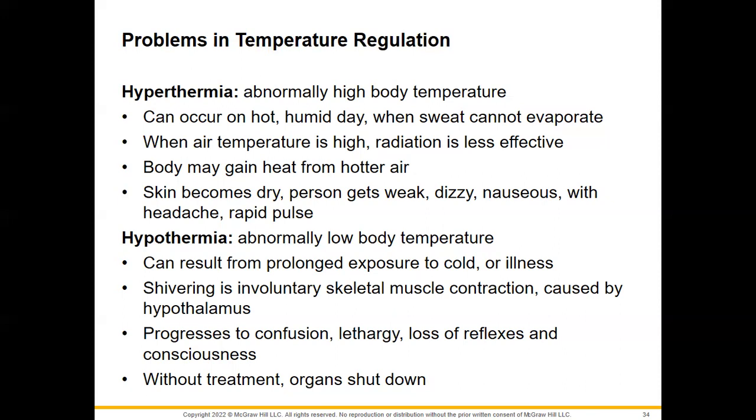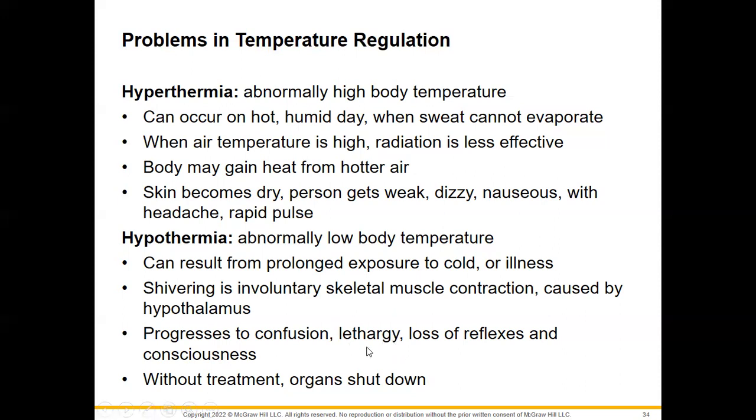And this is caused by the hypothalamus, which again has a set point. If the temperature gets below the set point, the hypothalamus sends signals to the skeletal muscles to contract, causing that shivering. If your body temperature continues to drop too low, the person can become confused, they can become lethargic, like get weak.